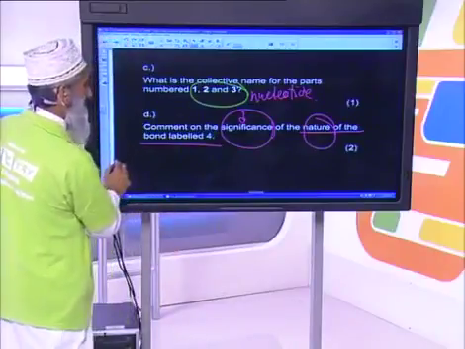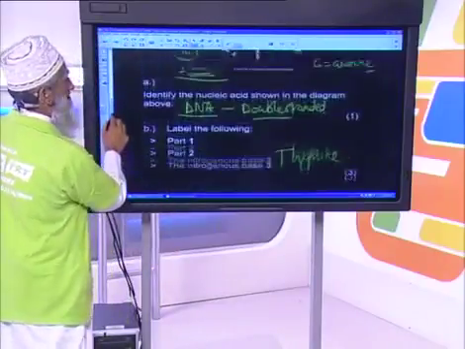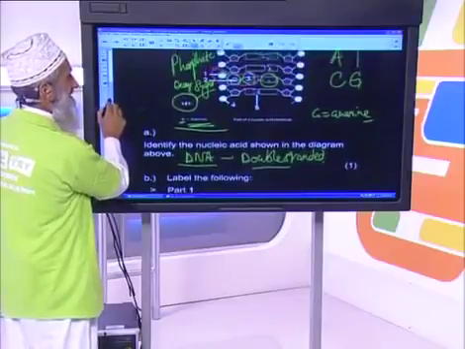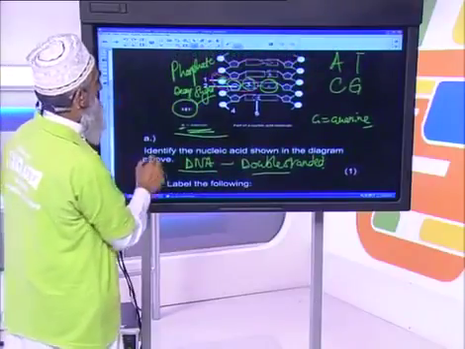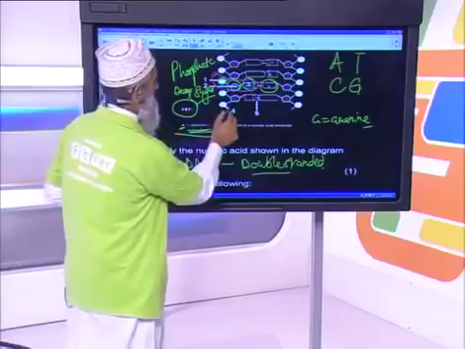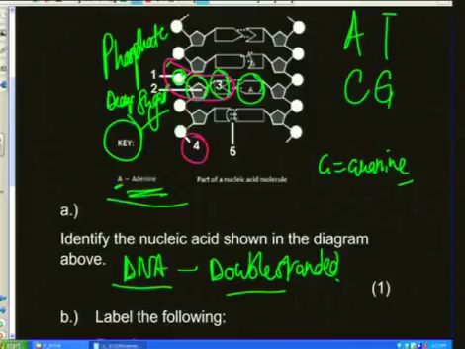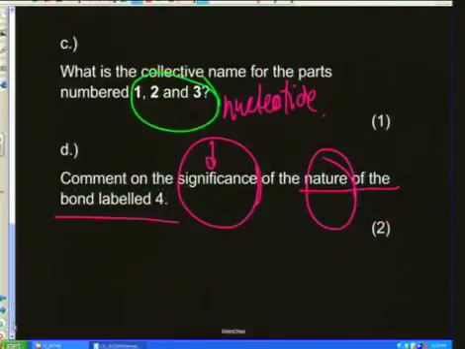Let's go back to our diagram. The bond labeled 4, not James Bond 007, the bond labeled 4. Oops, for some reason the label line is in the wrong place, so it should be labeled 5 in this case here. So we're talking about the bonds there, all these bonds, the bonds between the nitrogenous bases. So comment on the significance of that.